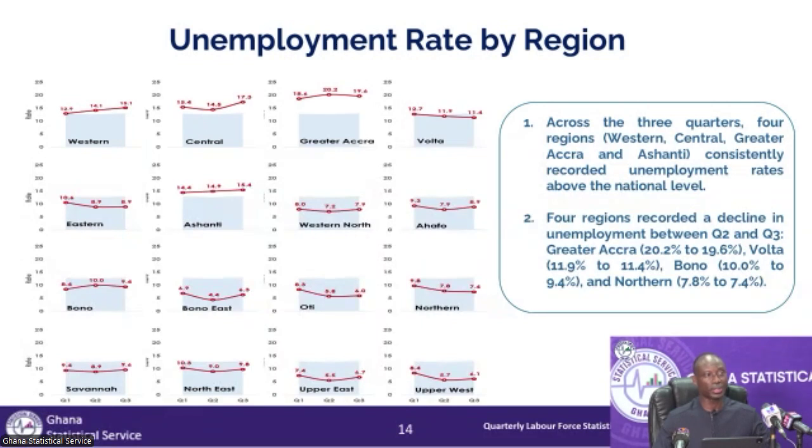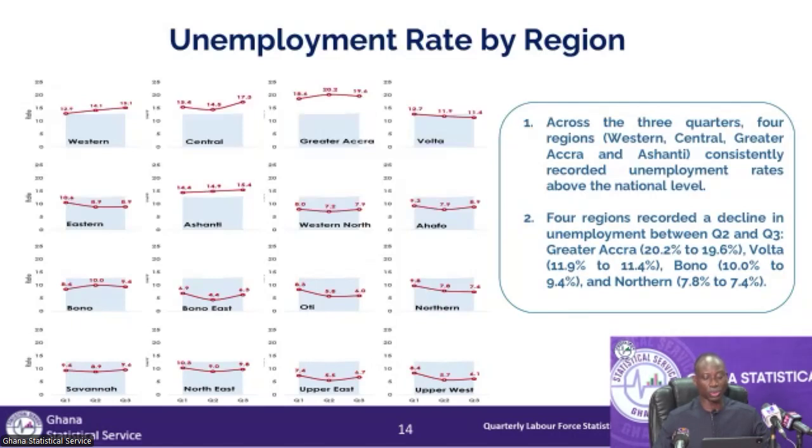You recall that I had indicated that the unemployment rate for Q3 2025 was 13%. So these 4 regions that I've mentioned actually recorded unemployment rates higher than this 13%.